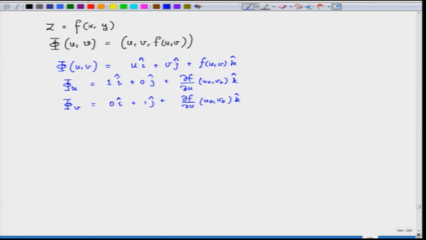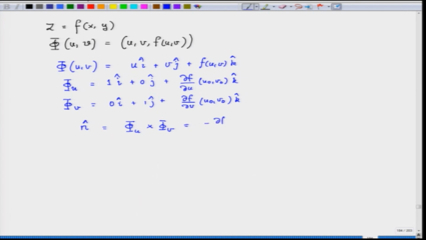Now, n hat becomes phi u cross phi v. If it was opposite, there would have been a minus sign change. It would not have made a huge difference. It would look the same.